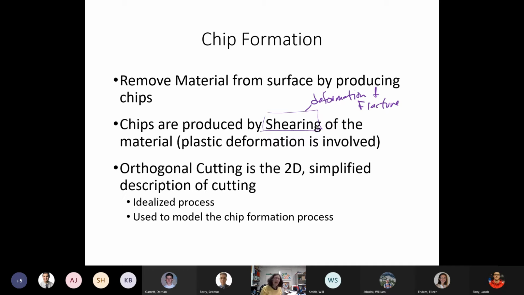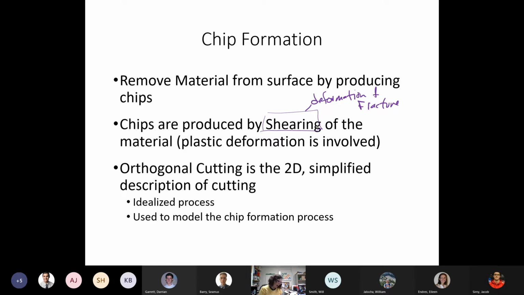Now, every time I've been involved in a situation with machining or chip formation, people love talking about the orthogonal cutting model. We're not really going to look in detail at that because it can take considerable time.